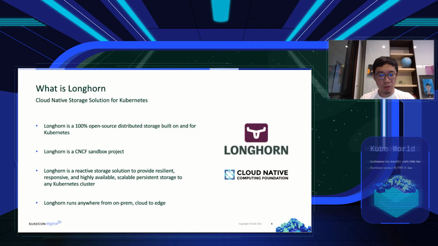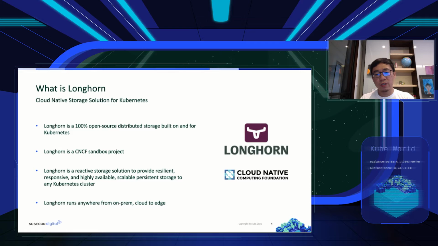incubating project as well. For Longhorn, the design concept is to have a reactive storage service and solution for any kind of workload that leverages Longhorn as its storage provider. So we try to provide resilient, responsive, highly available, scalable persistent volume storage for any certified Kubernetes distro or cluster.